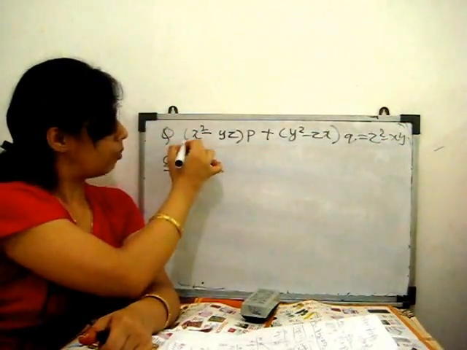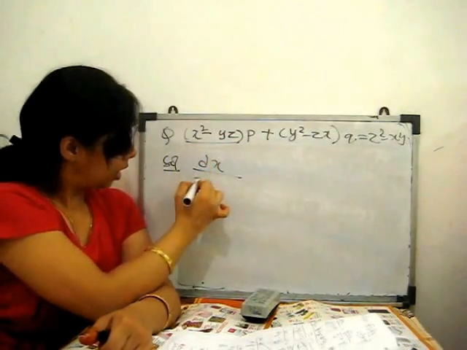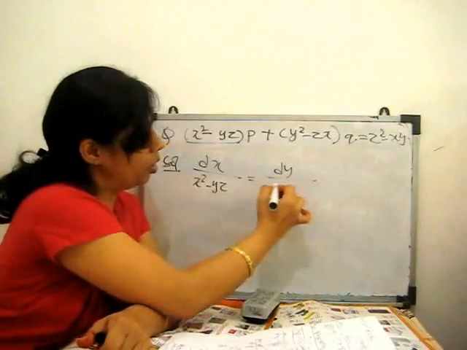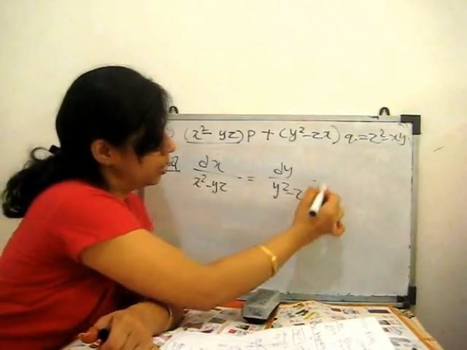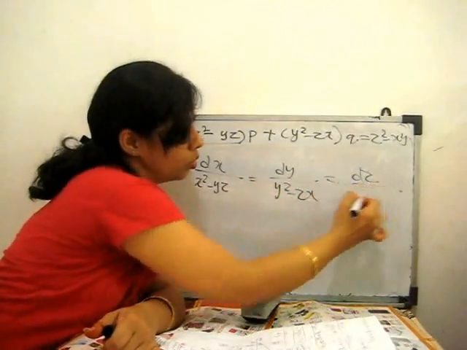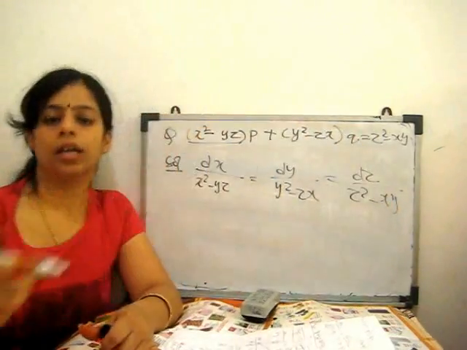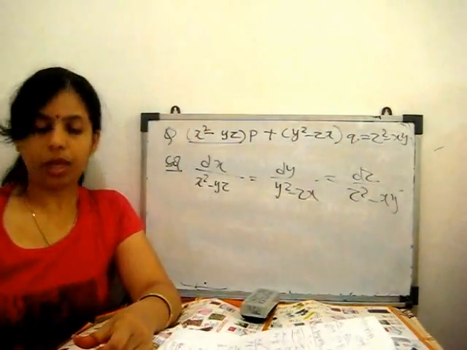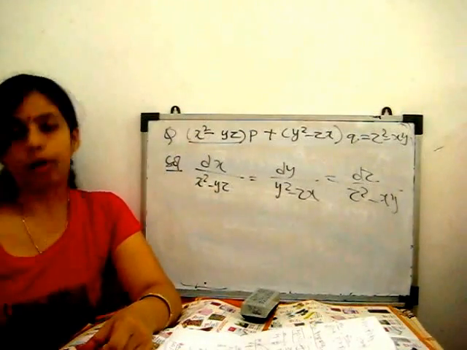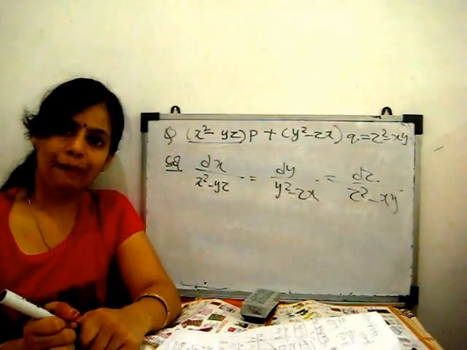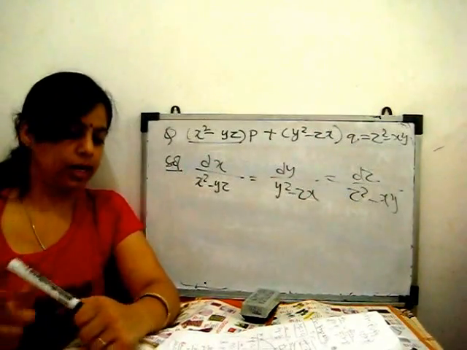Here dx upon x square minus yz, dy upon y square minus zx, dz upon z square minus xy. Clear? Now if we see, this cannot be directly solved, so we use the method of multiplier definitely.